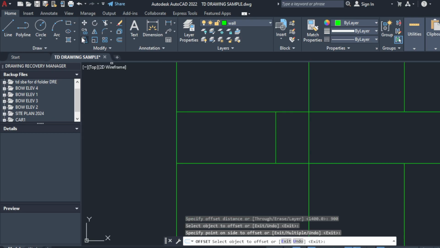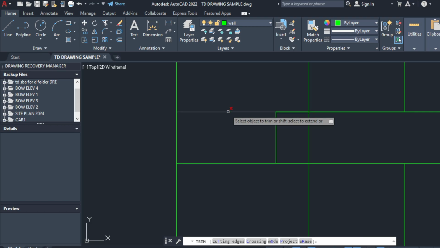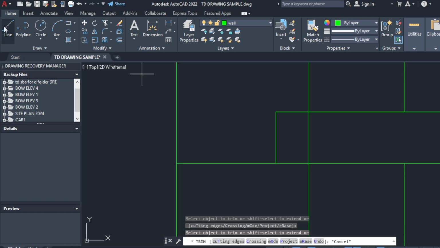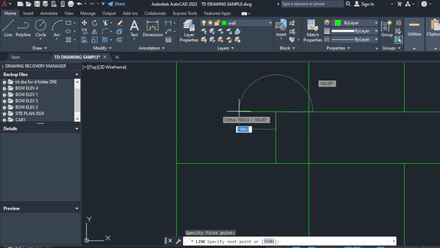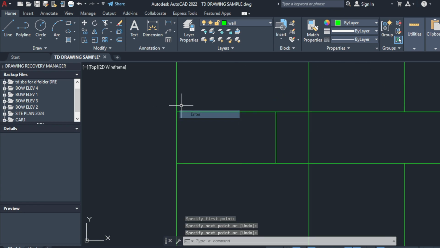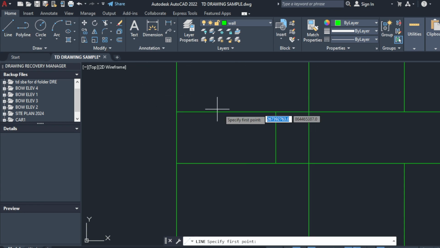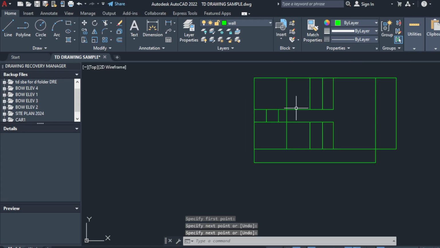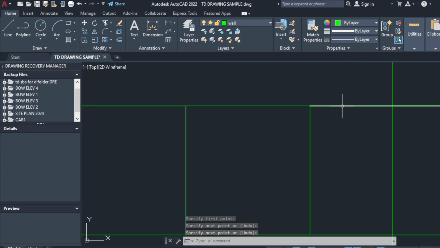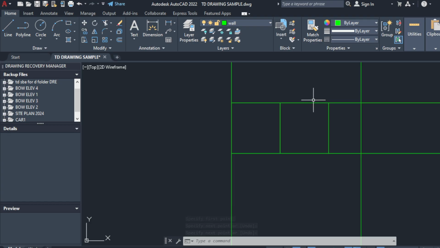So what I can do, I can trim out this line here, draw over another line, and then find the midpoint of that line, which is here, and draw a vertical line. But here I have my door space, my closet space.